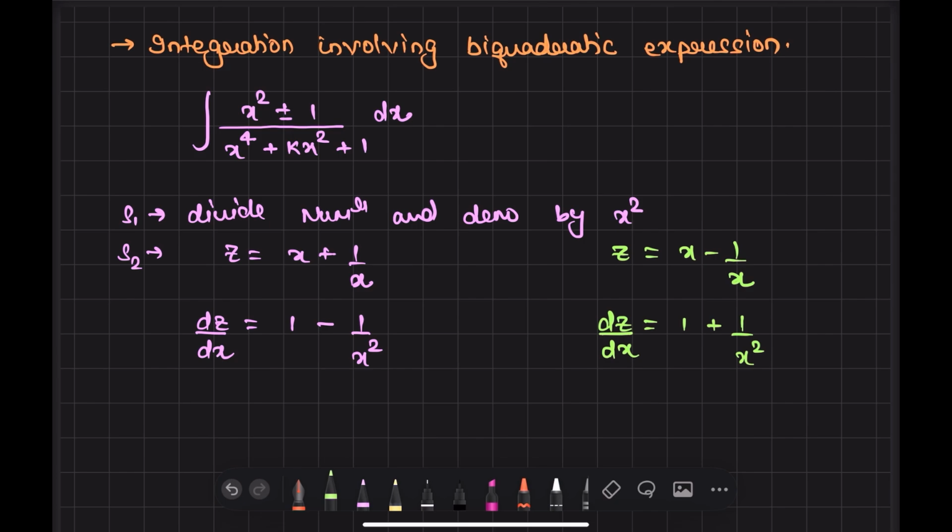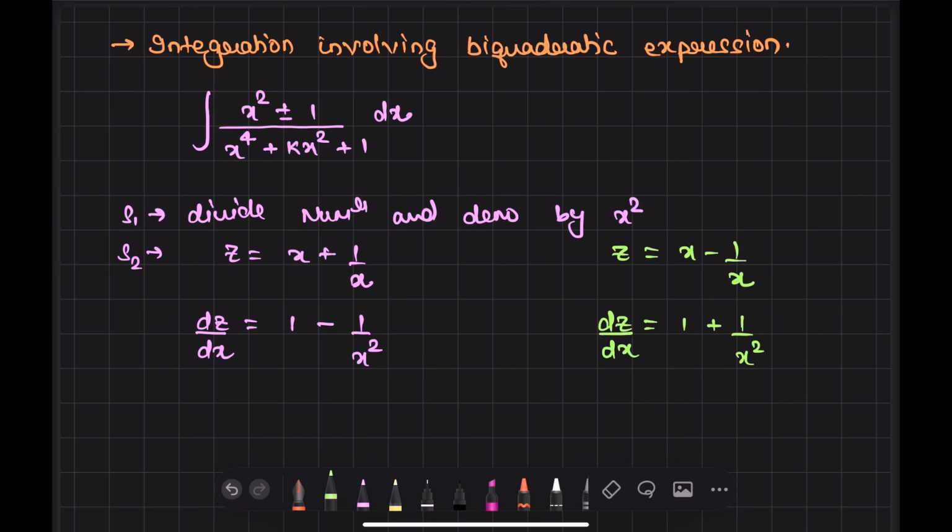So in the numerator, if you have this component after dividing by x square, you will take z as this thing. Okay, so this is your idea.